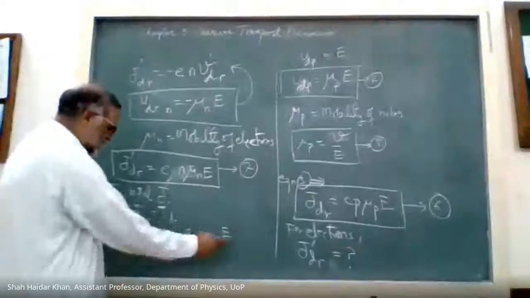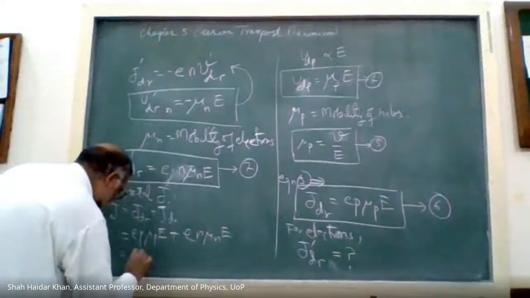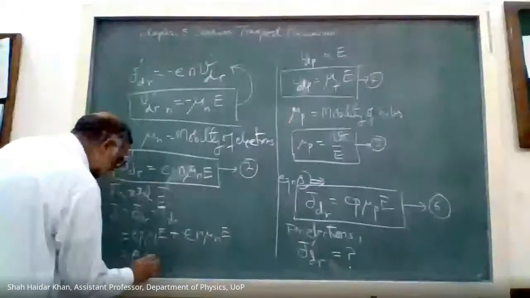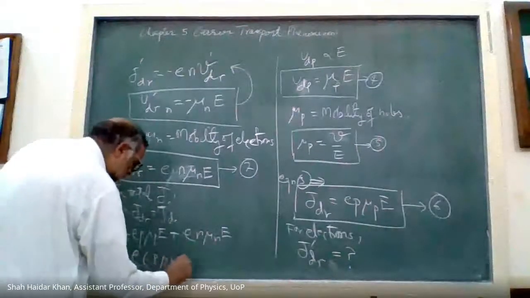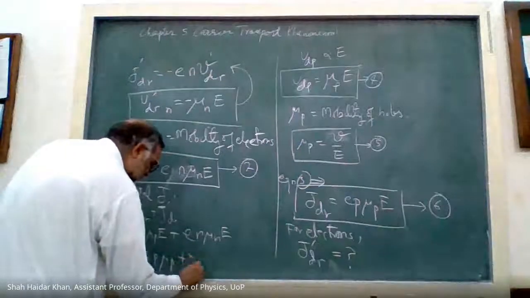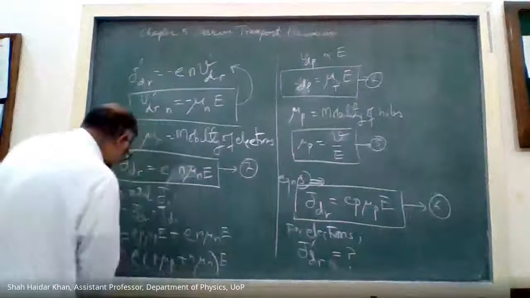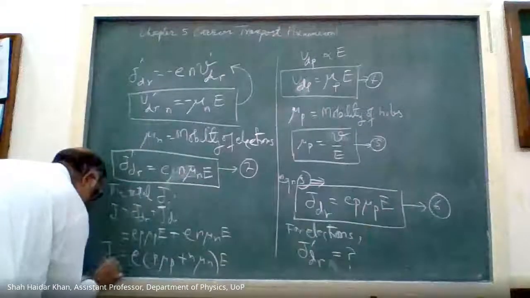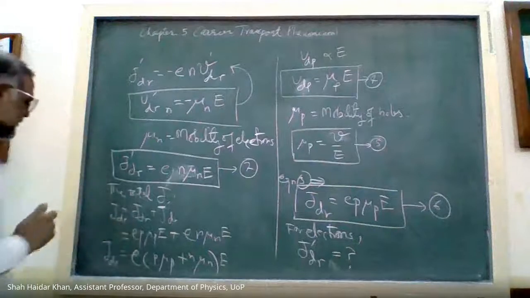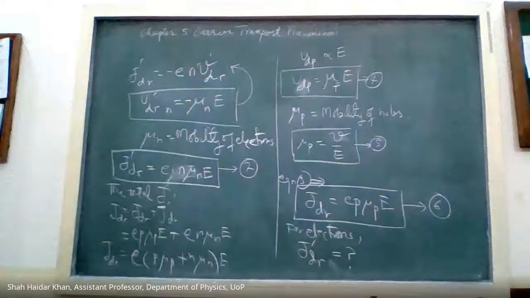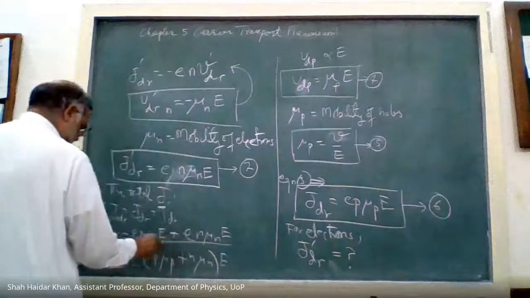Similarly, E here. So we can write this as e times p mu p plus n mu n, into E. That is the total drift current density.